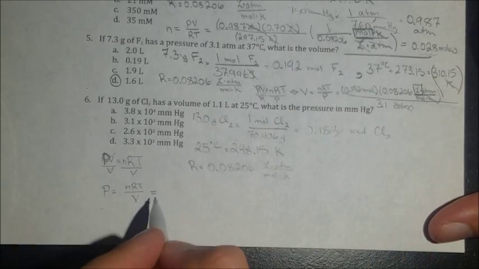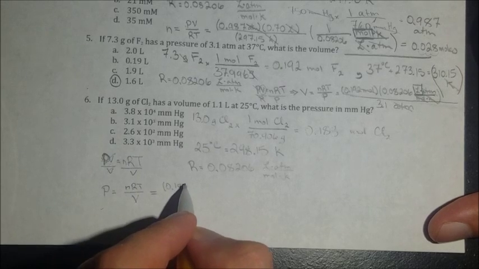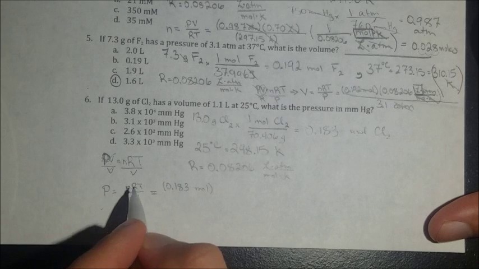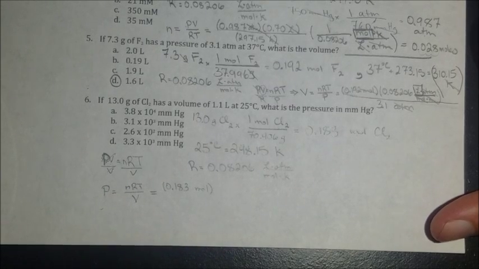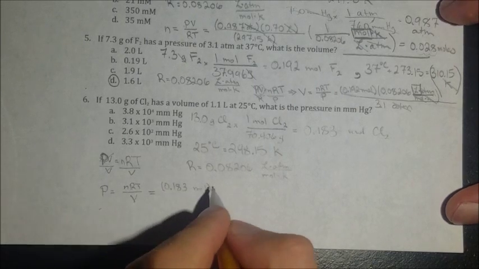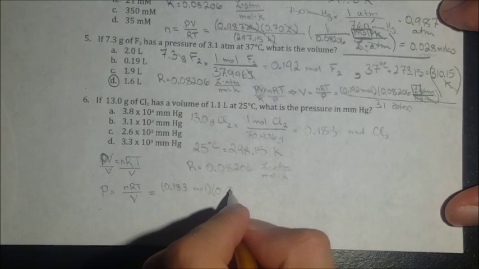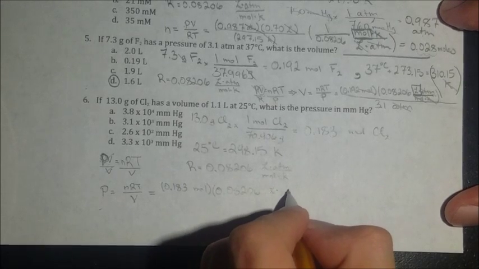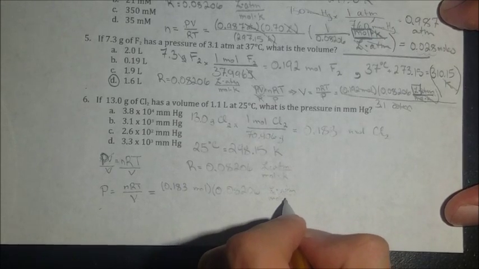The number of moles is given here as 0.183 moles. And then the universal gas constant, 0.08206 liters atmospheres per mole Kelvin, we can plug in there.